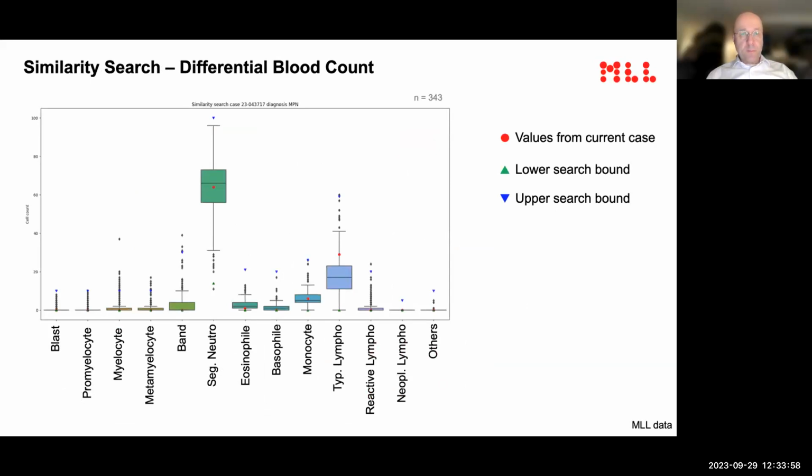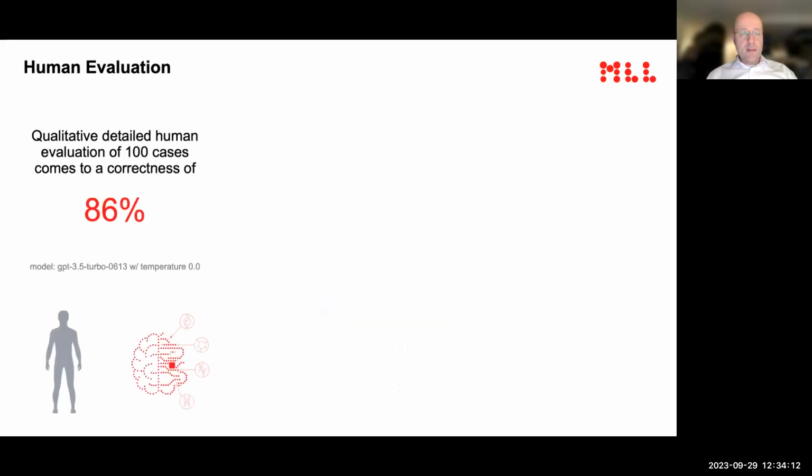A significant part of this approach has been to look for similar cases regarding the differential count, and then seeing what the readout has been, also taking into account other methods for the respective historic cases.